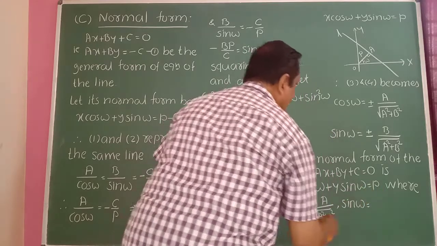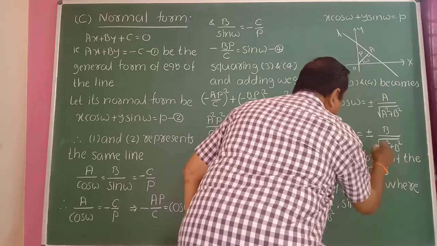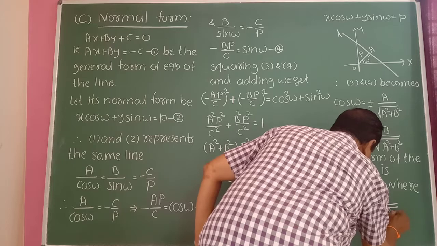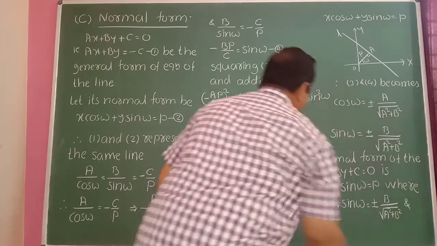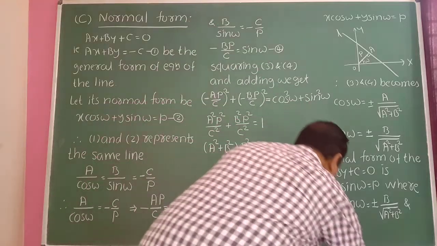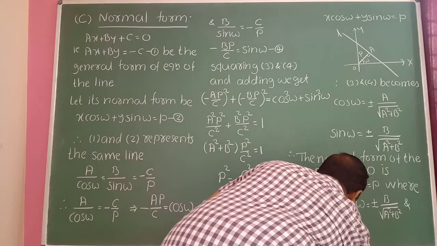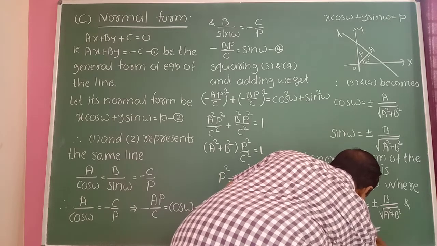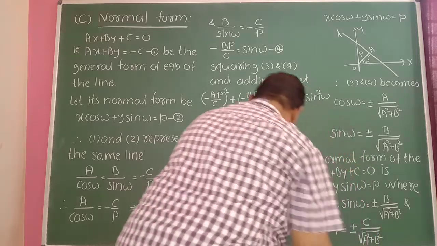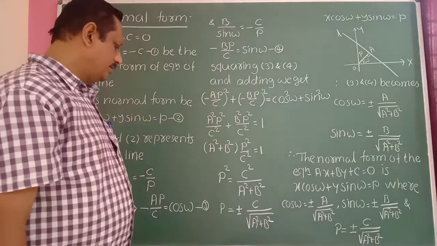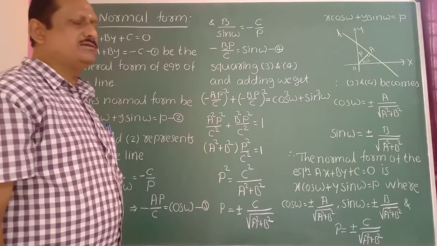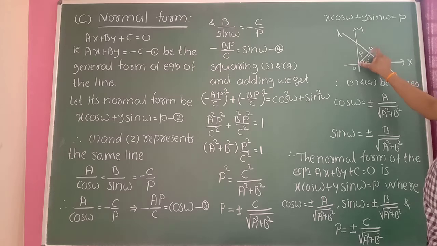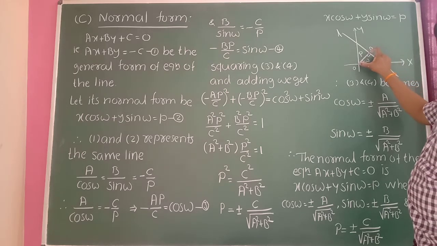Sin omega is equal to plus or minus b divided by root of a square plus b square, and p is equal to plus or minus c divided by root of a square plus b square. Here the proper choice of sign is made so that p is always positive, because p is the length of the normal. Therefore this length is always positive in any quadrant.